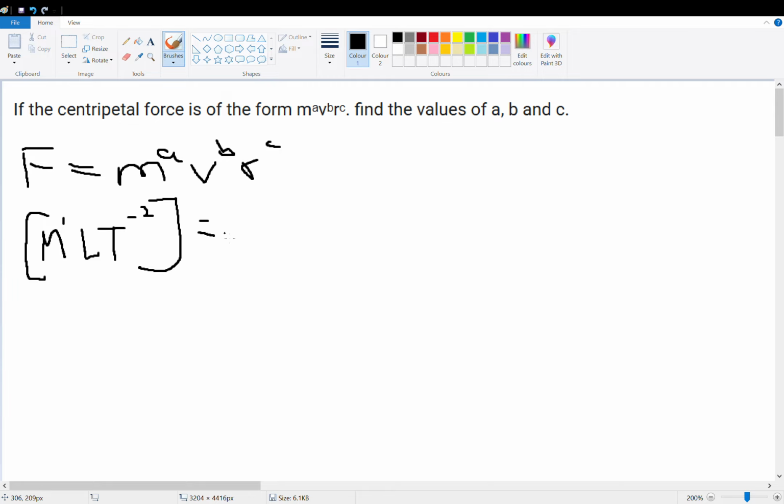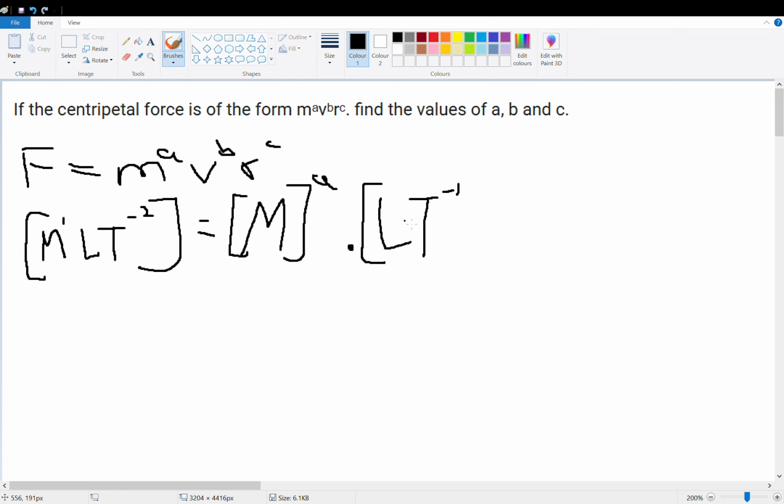So m is going to be mass, so write M and close and write the power a. And v is velocity, so write LT^-1, close the bracket, and write the power b. Now r is radius, which is also a length.